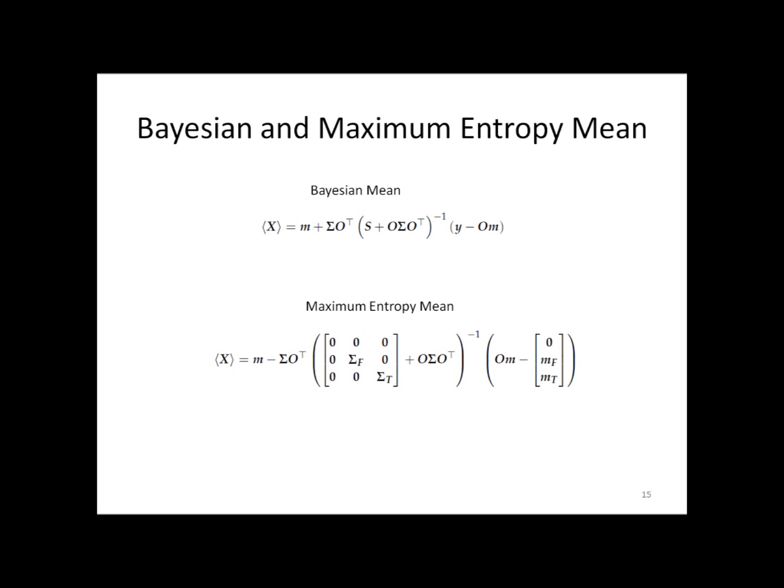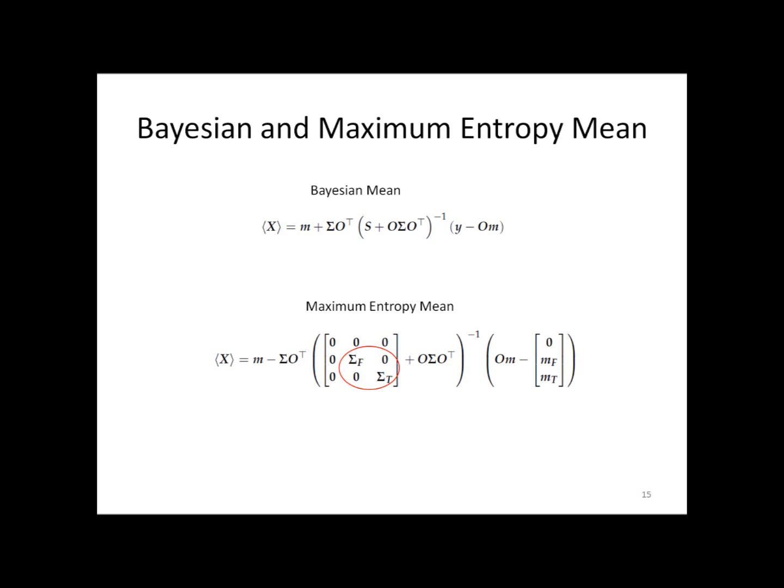Alright, so here I have what the Bayesian mean looks like, and here I have what the MaxEnt mean looks like, and they end up actually being equivalent, because where this 0 appears here are where the delta functions were in the Bayesian methodology, which means that they cancel out. And these values here are the uncertainty on the measurements.